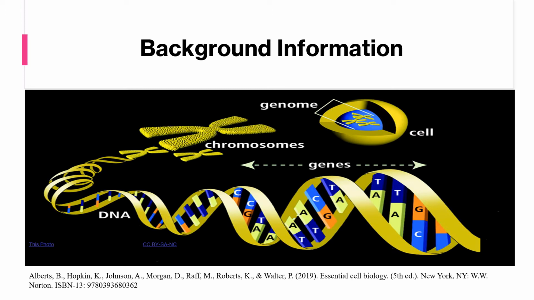Each DNA molecule is a double helix that is composed of a pair of anti-parallel complementary DNA strands. These DNA strands are held together by hydrogen bonds between base pairs.